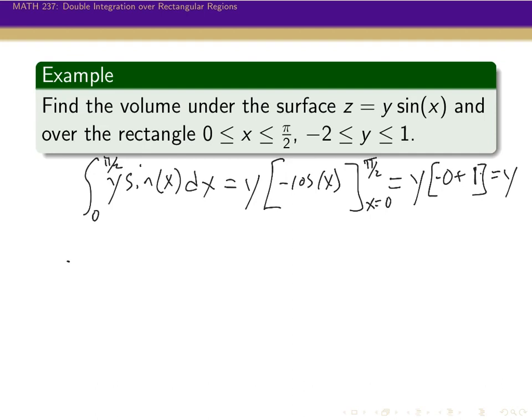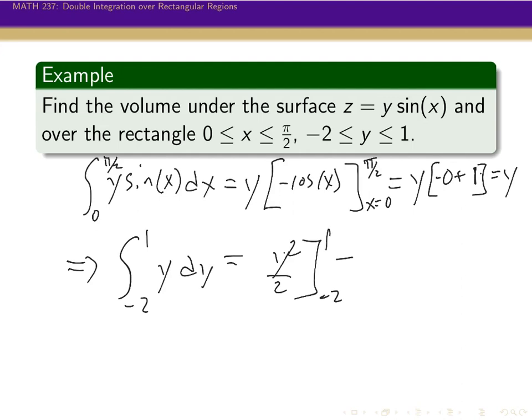Then to do the outside integral, I'm just integrating y from minus 2 to 1. So this is y squared over 2, going from minus 2 to 1.